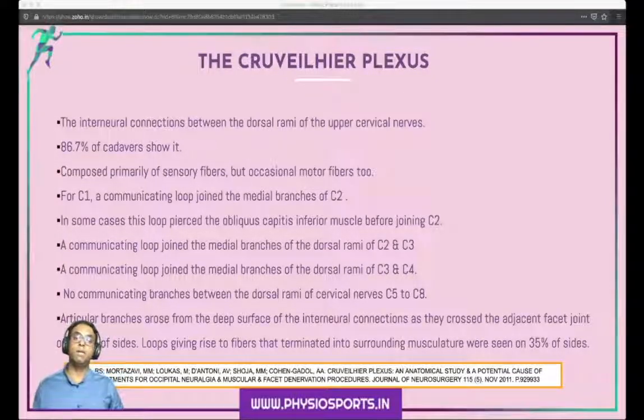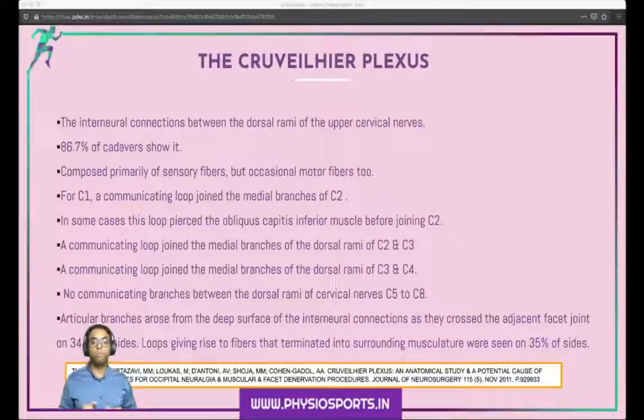Also, a communicating loop joined the medial branches of the dorsal rami between C2 and C3. They also found a communicating loop joining the medial branches of the dorsal rami of C3 and C4. The important point to be noted over here is that they didn't find any communicating branches or loops between the dorsal rami of cervical nerves C5 to C8.